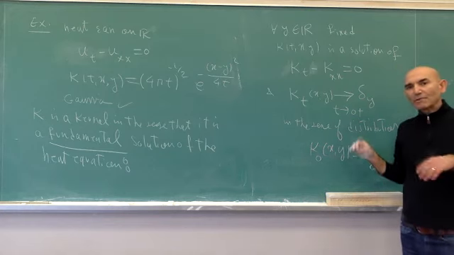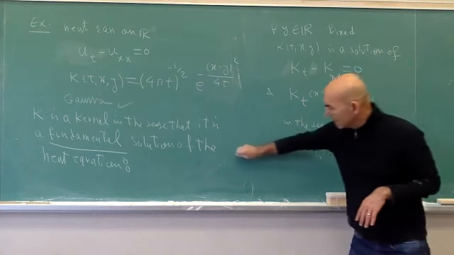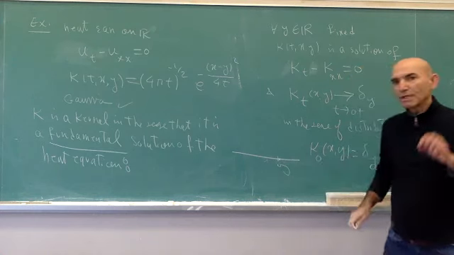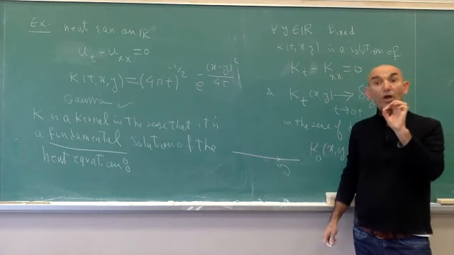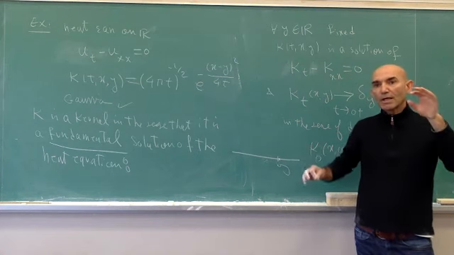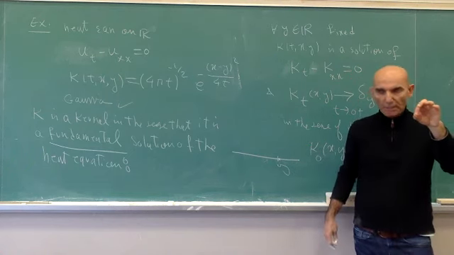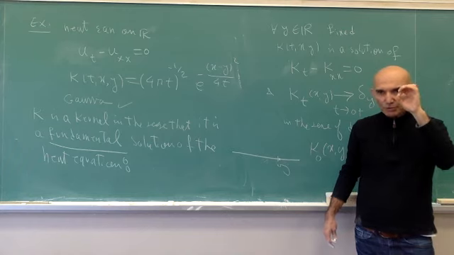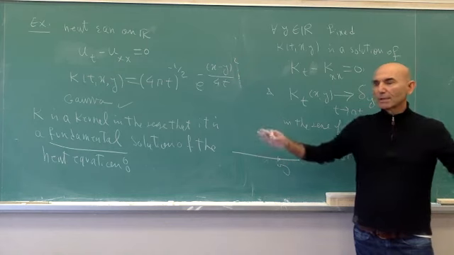What is the physical intuition for this solution? At y, you put a unit of heat at time t equal to 0, and you let it diffuse. It's like you have some water, and you drop a small chunk of ink into the water, and then you let it diffuse.